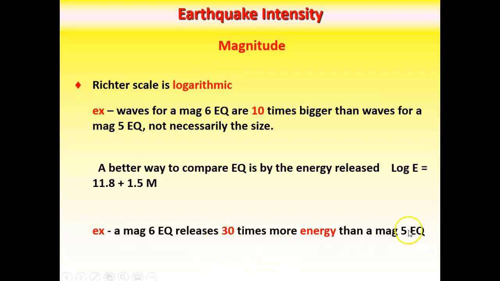Now between a 5 and a 6, we said it's 30 times. Well, between a 6 and a 7 is another 30 times. So it's really 30 times 30. 900 times more energy was released during that magnitude 7 than that magnitude 5. That is a lot of extra energy. And this is why the decimal matters. In a 7.2 or 7.5, it's like, what's the big deal?